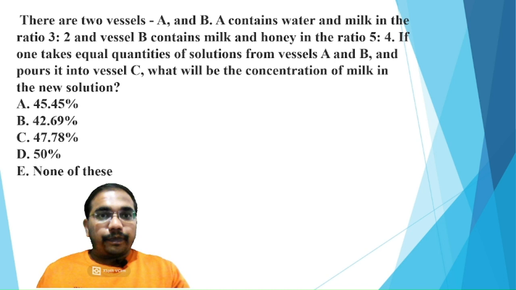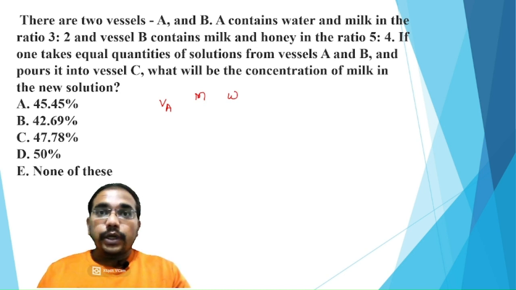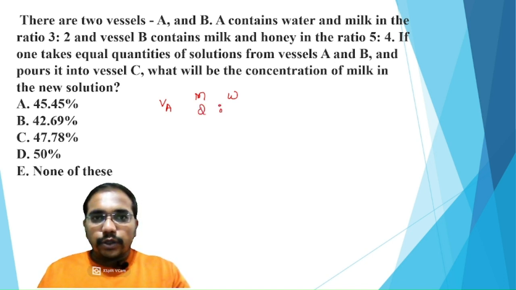Now observe, vessel A contains milk and water in which ratio? 2:3, because water and milk they are saying. Now I am taking milk and water, 2:3. Vessel B contains milk and honey in the ratio 5:4.